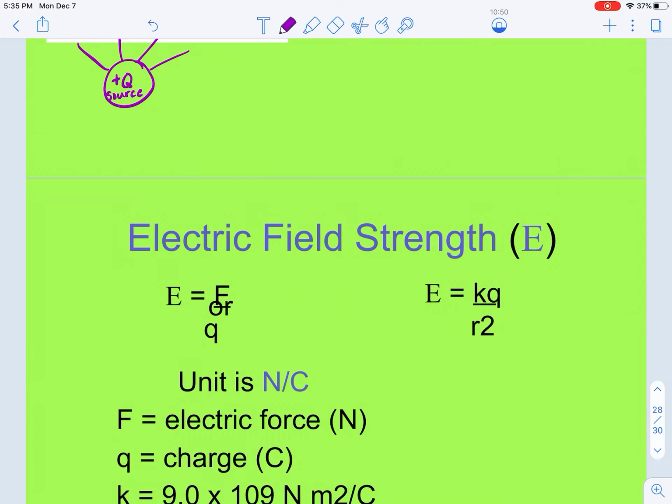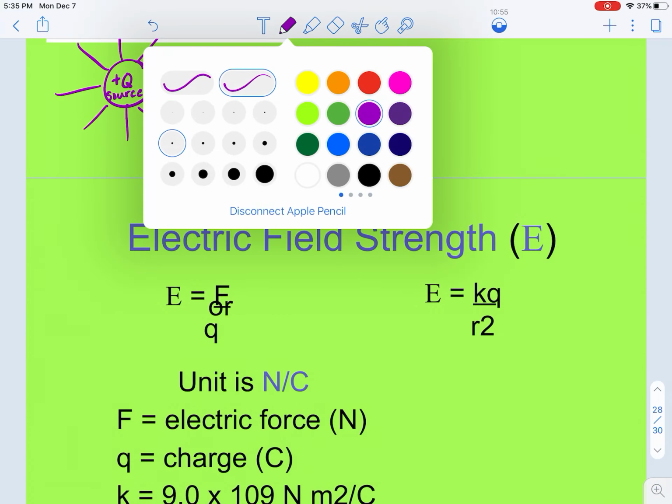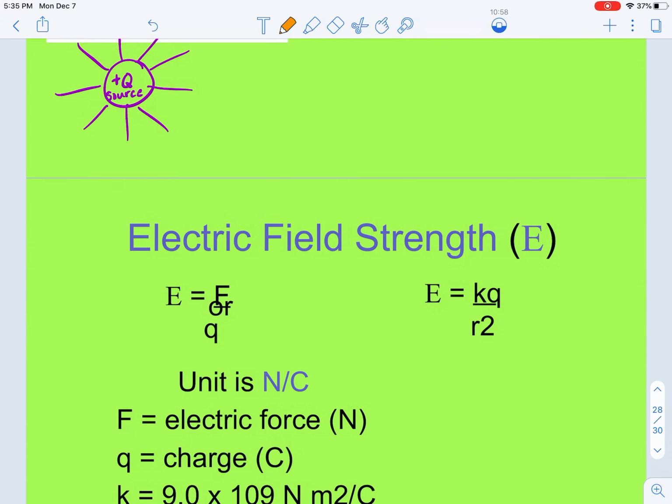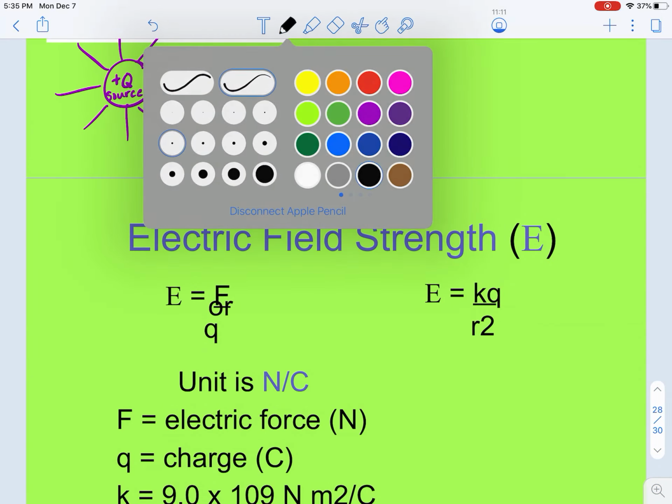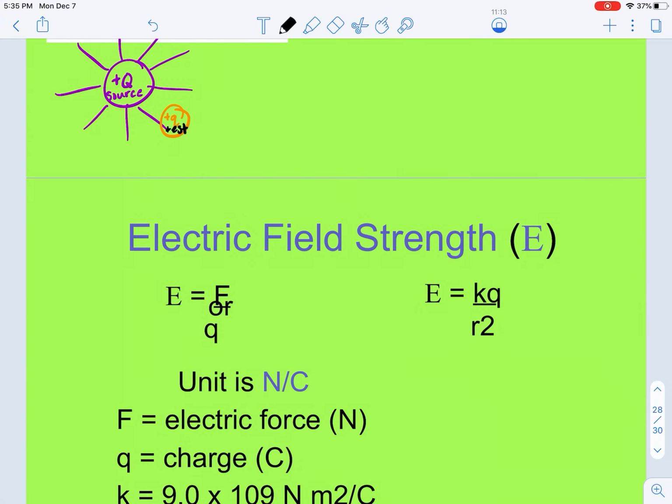So what we say is that if we have some known charge, and so this is going to be the source of our electric field, right? And the electric field goes out in all directions here. And then we take some smaller little electric charge. So let's say that we have some positively charged particle here, and we're going to use this particle to test the field strength. So we're going to call this our test particle or our test charge, okay?